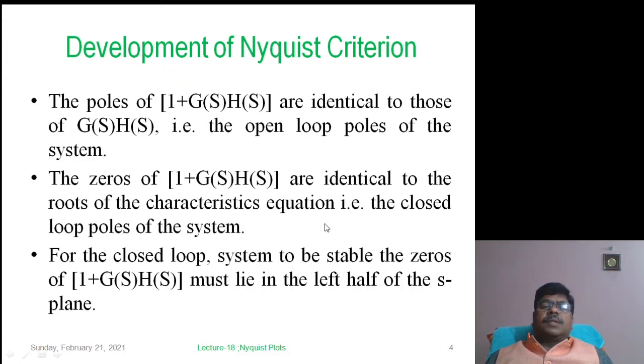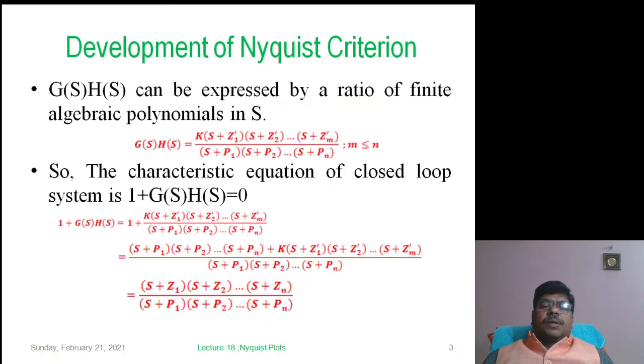So, what we can conclude is that for a closed loop system to be stable, the zeros of 1 plus G(s)H(s) must lie in the left half of the S plane, because these are the roots of the characteristic equation.